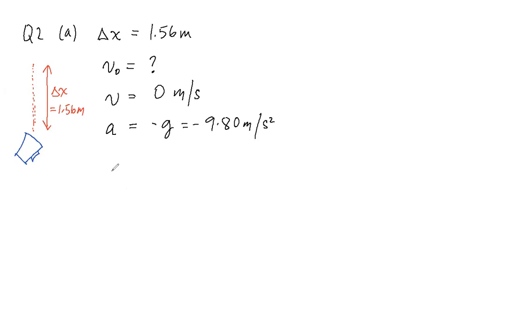So now we can go ahead and use equation 2.54 from the textbook. So we have v squared is equal to v initial squared minus 2g delta x. What I did was I used the one that says v squared equals v initial squared plus 2a delta x, and I plugged in minus g for a, so that's how come it looks like this now.